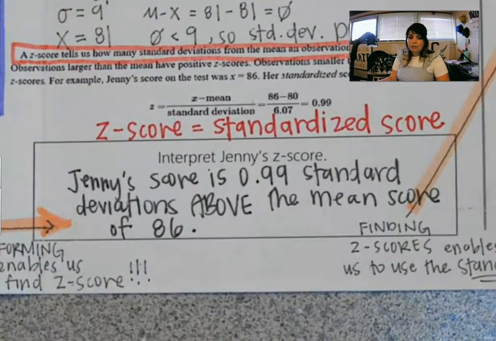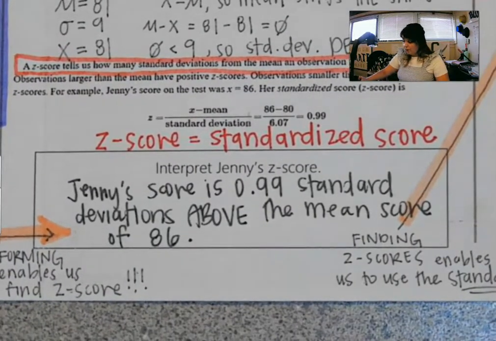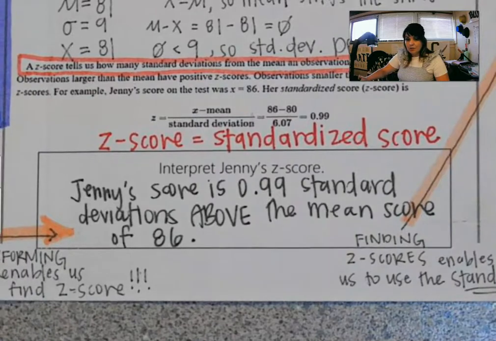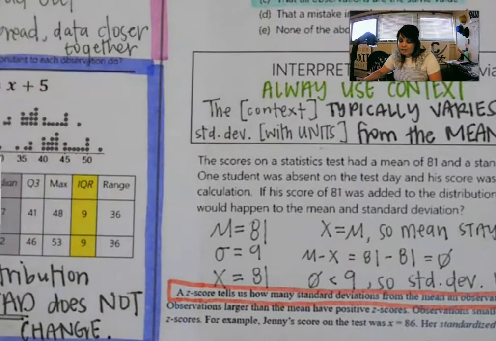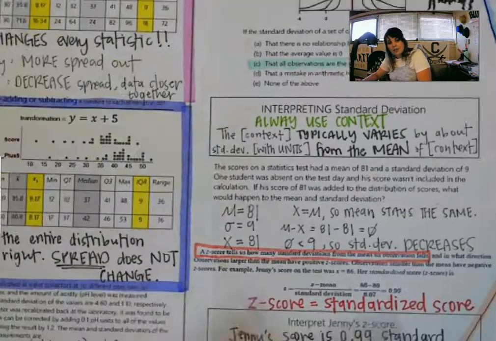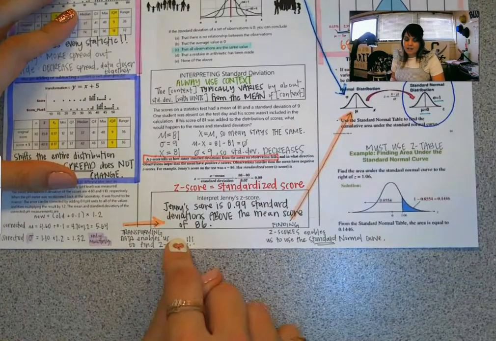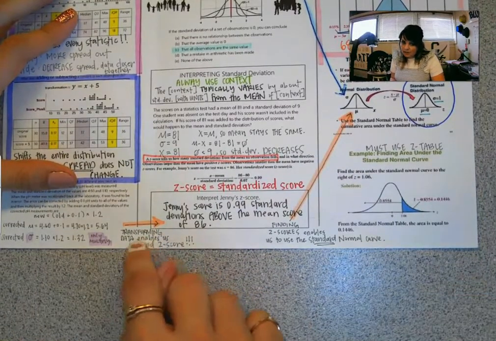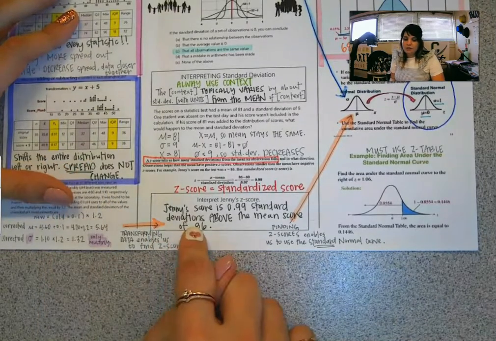We would not be able to find z-scores if we were not able to transform data. So the reason that these two are connected is because transforming data allows us to find z-scores. And that's what this little arrow says.